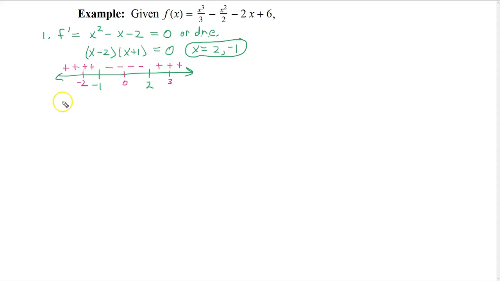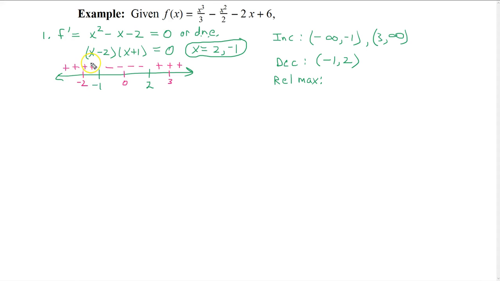Now let's put that over here so we know that we are increasing from -infinity to -1 and from 2 to infinity, and decreasing from -1 to 2. We have some relative extrema here, so let's notice we have a relative maximum. That is right here at -1.